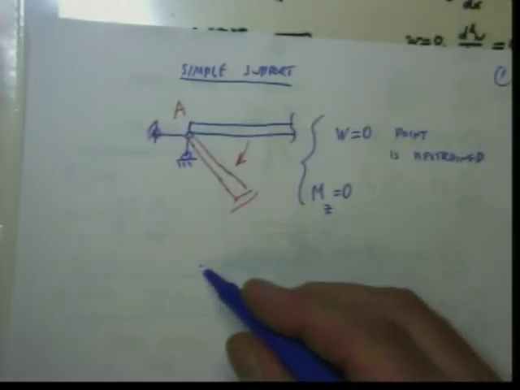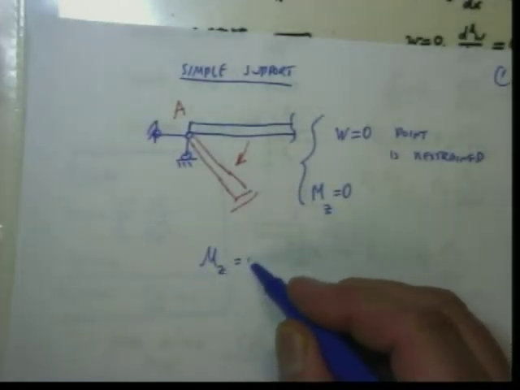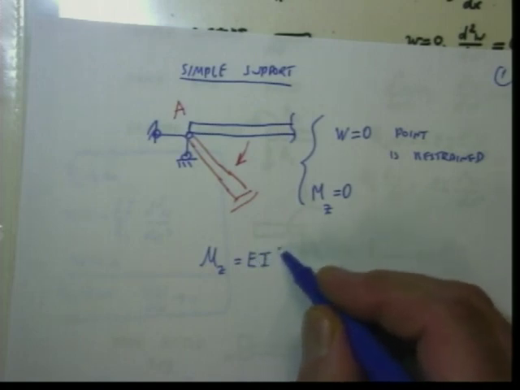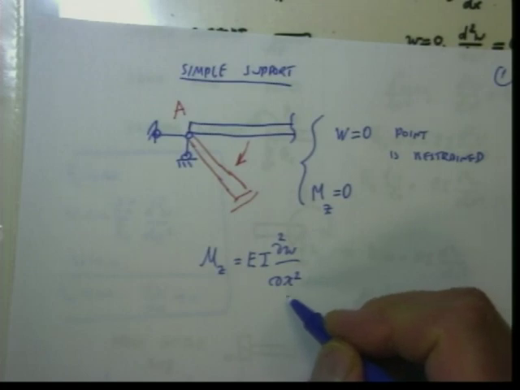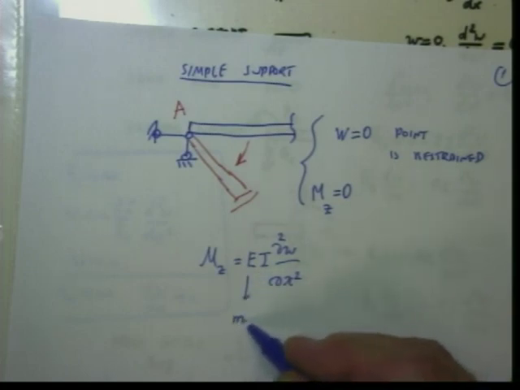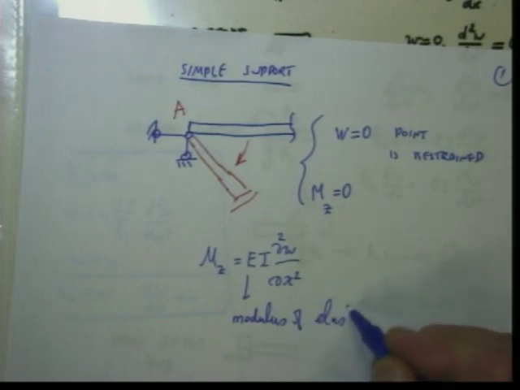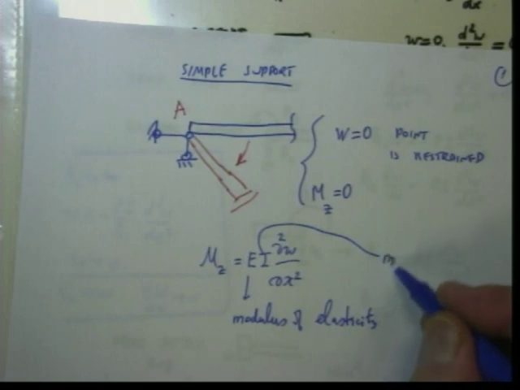And for this boundary condition, we know from strength of materials that Mz equals EI d2w dx squared. So E is the modulus of elasticity, and this is the moment of inertia.